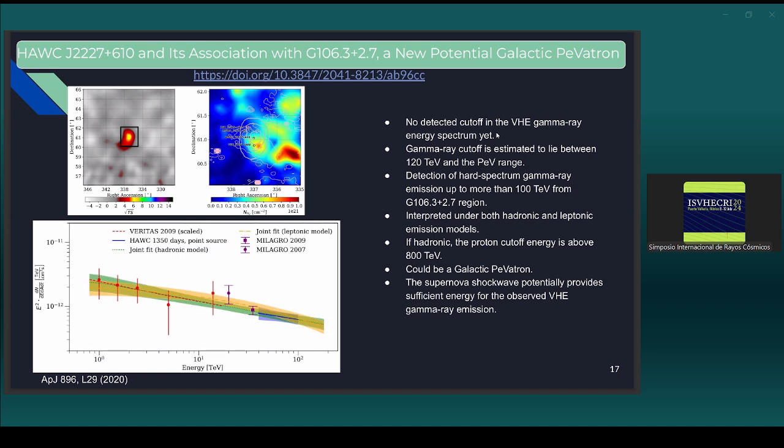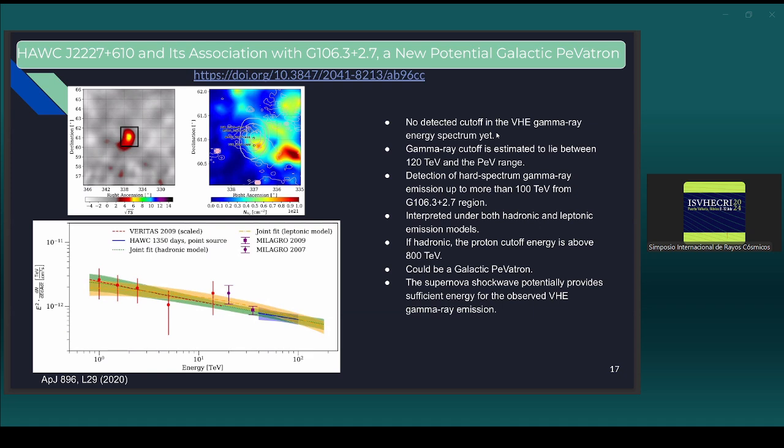The leptonic model, where we have electron positrons that are being accelerated in diffusive shocks, or hadronic models, where we have mainly protons that are being accelerated to relativistic energies and are able to produce gamma rays via pion decays. And the other scenario that we can imagine is just a merge of these two, a lepto-hadronic scenario.